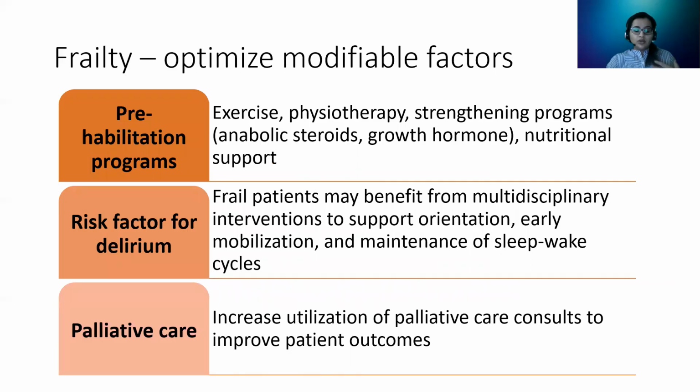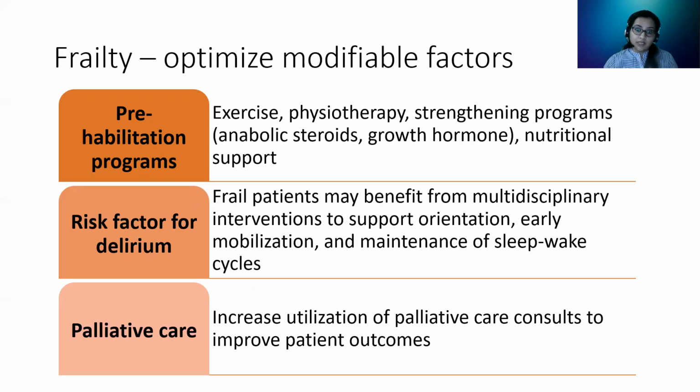So why, nowadays, is a lot of stress being given to screening frail patients? Basically, preoperative frailty assessment helps to improve and predict surgical outcomes. We can improve surgical outcomes by optimizing various modifiable factors. For example, rehabilitation programs like exercise, physiotherapy, strengthening programs, and nutritional support can be initiated preoperatively.